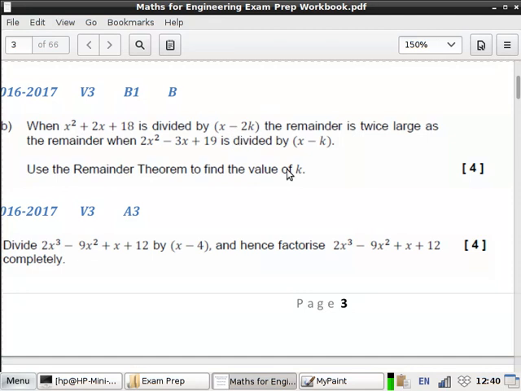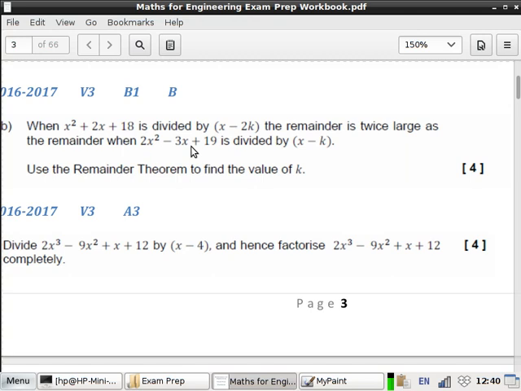Very good. And here? This is x minus k, then that would be k. You have to put both of these into both of these. And then say this one is twice as big as this one. This should give you the k.